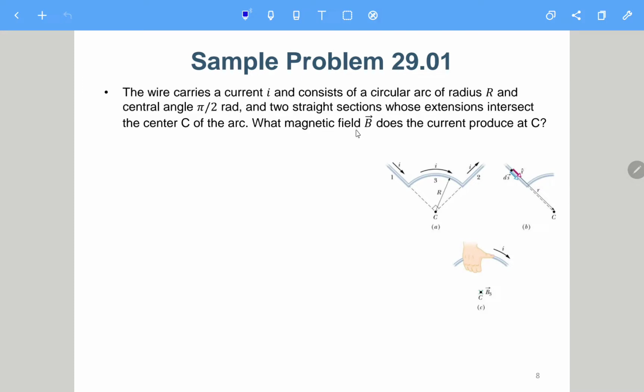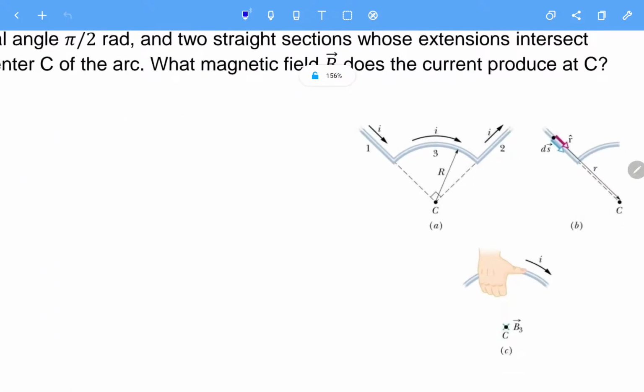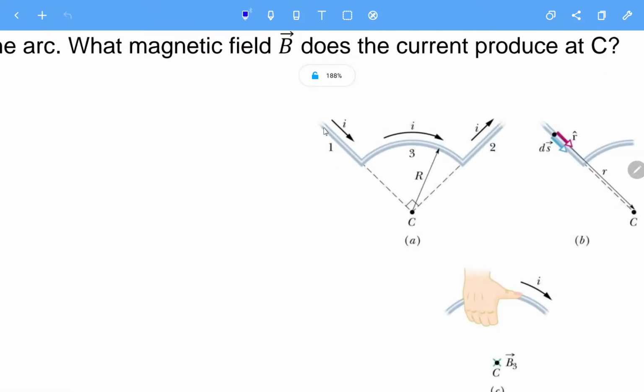So what magnetic field B does the current produce at point C, which is the center of this arc? This one is pretty easy. You can consider these three segments one by one. This is segment 1, this is segment 2, this is segment 3.